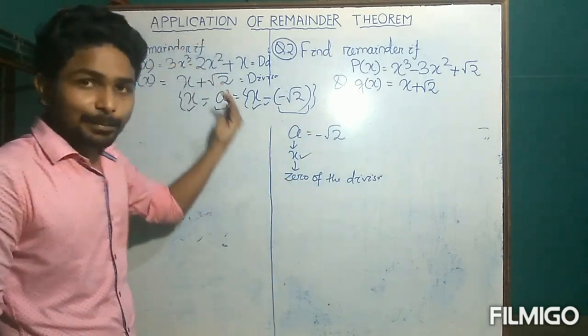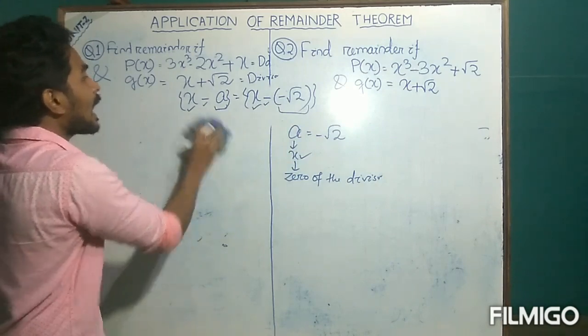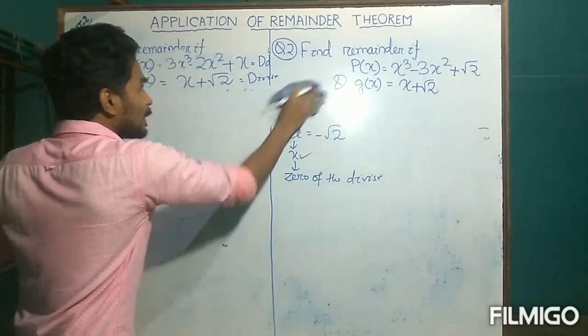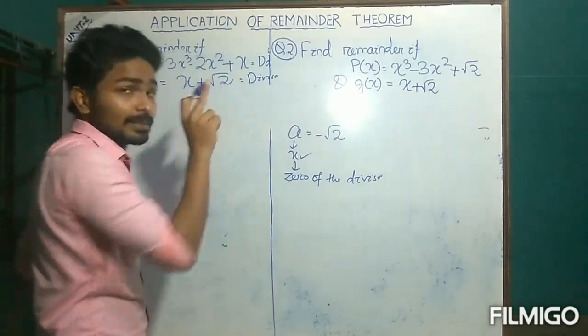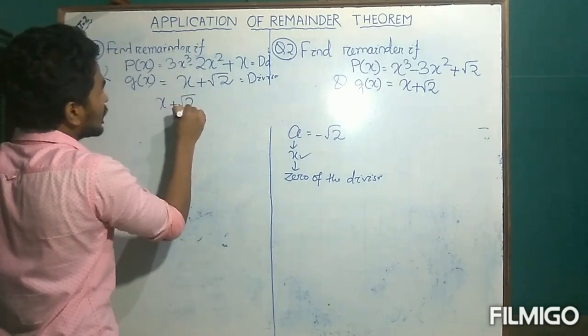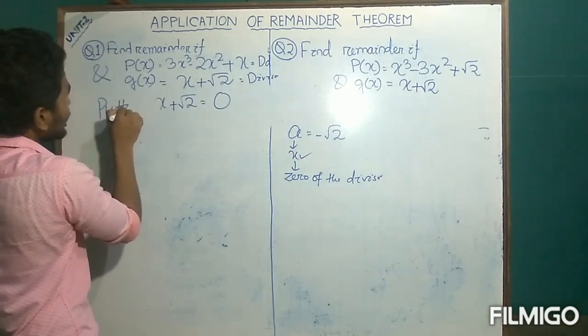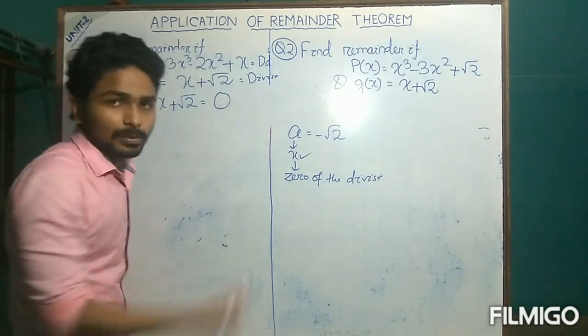There is also a second procedure through which you can find the value of a, or x. How? By simply putting g of x, that means the divisor, equal to 0.